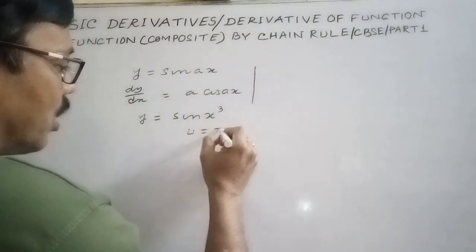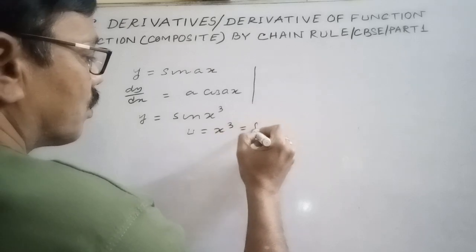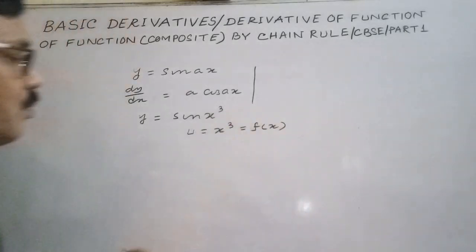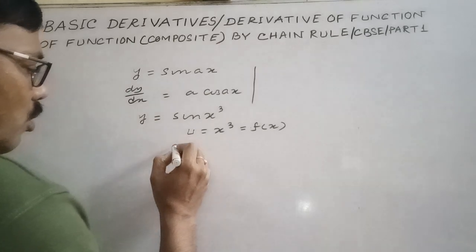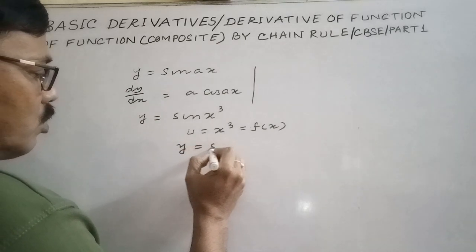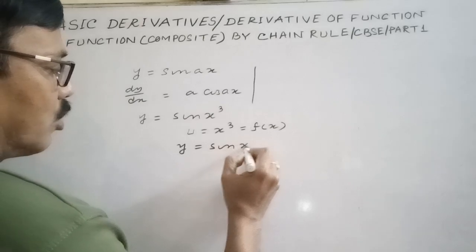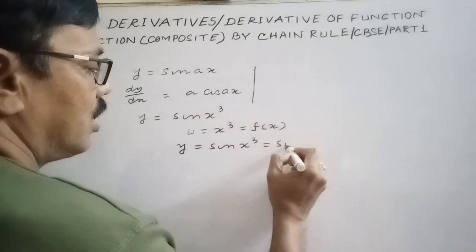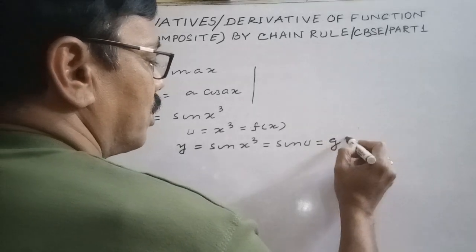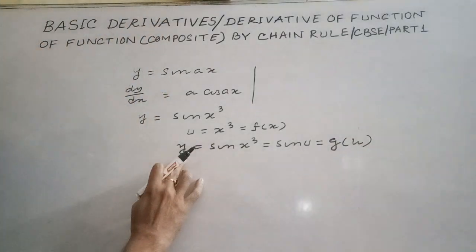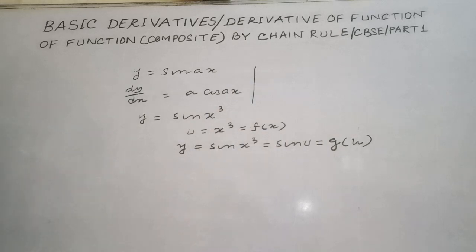Suppose u equals x cube. So this is a function of x. X cube, it is a function of x. So what is y? Y equals sine x cube equals sine u equals g of u, because y is a function of u.